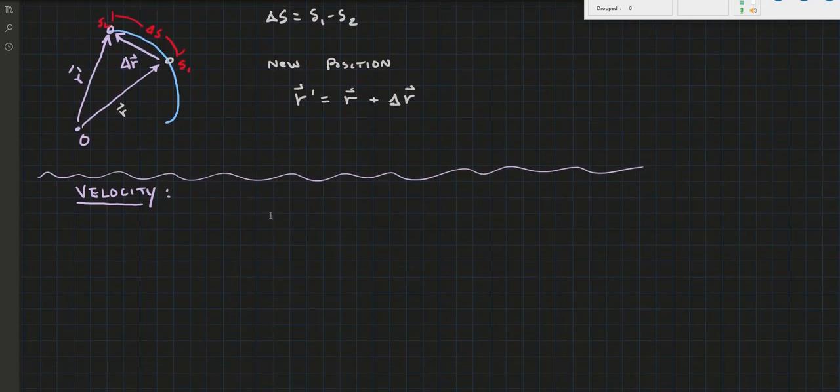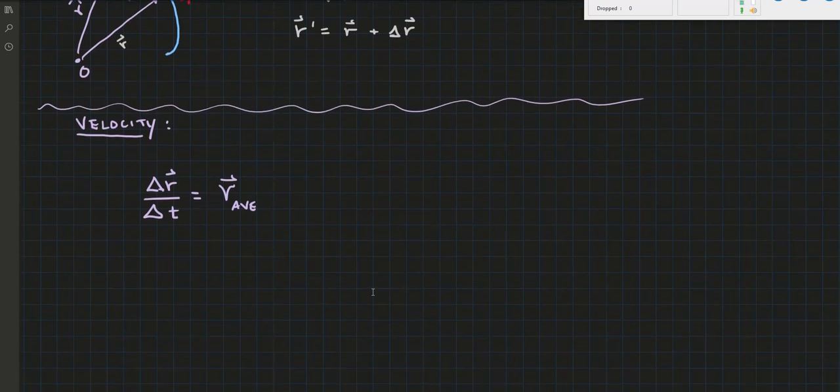We can now think in terms of velocity, where if we have a change in r over some time increment, then we can calculate an average velocity associated with that. Notice that the t here is a scalar and the r is a vector.